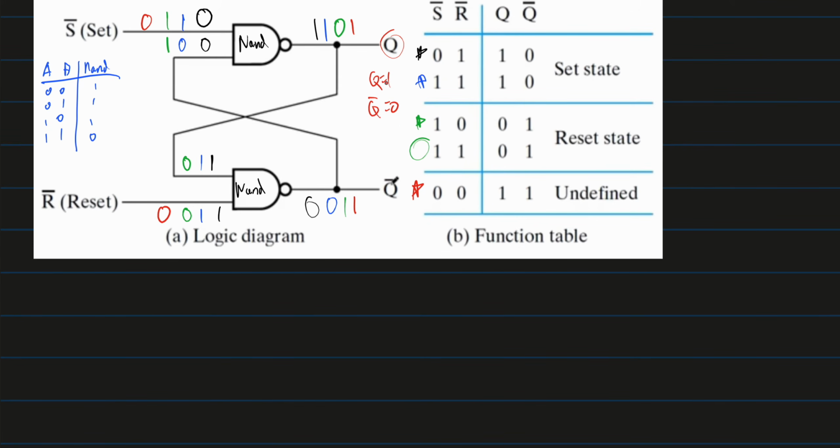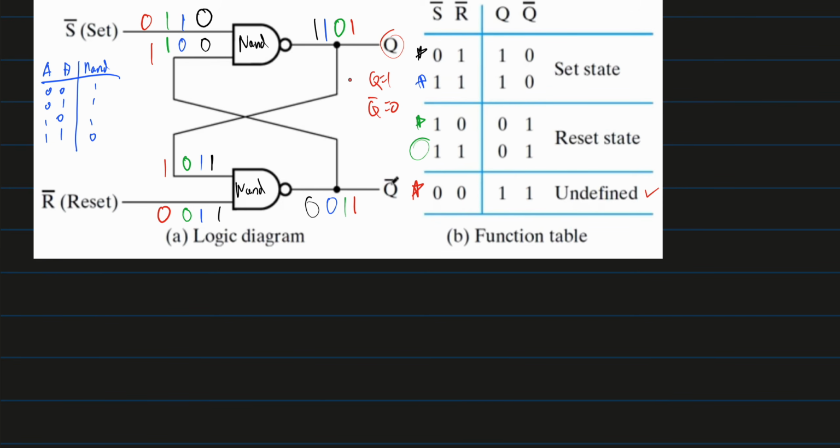And because Q naught is the same as Q, we run into some kind of error here, which is why it's undefined. We see that if we have 0, 1 as this input here, we're going to get the 1, and then 0, 1 gives us the 1.